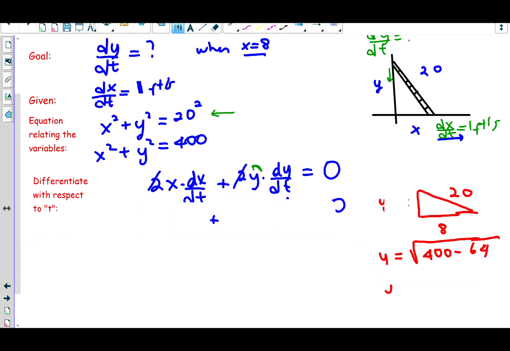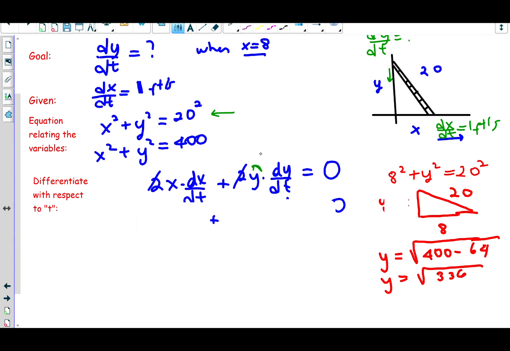So I can write it as 8 squared plus y squared equals 20 squared. At this point, subtract 8 squared from both sides and then take a square root. And you will have the following. y equals the square root of 20 squared, which is 400, minus 8 squared, which is 64. So y equals the square root of 336.